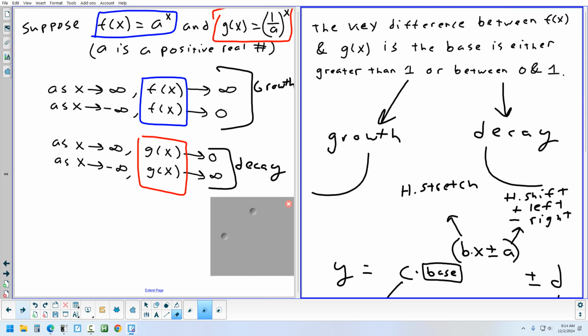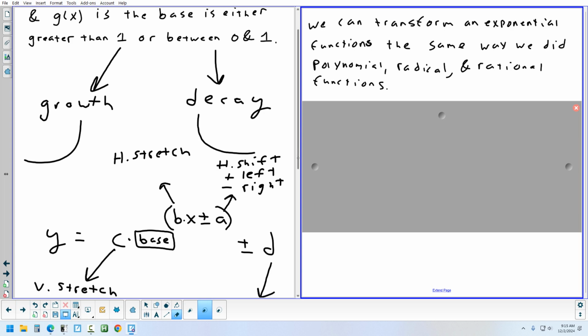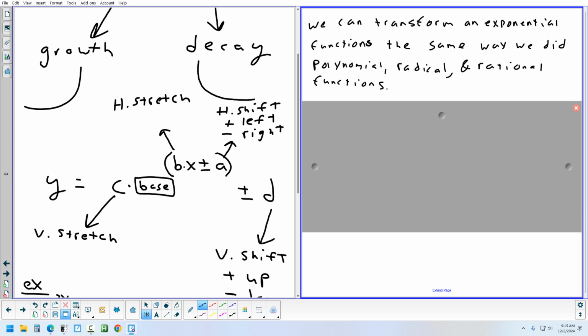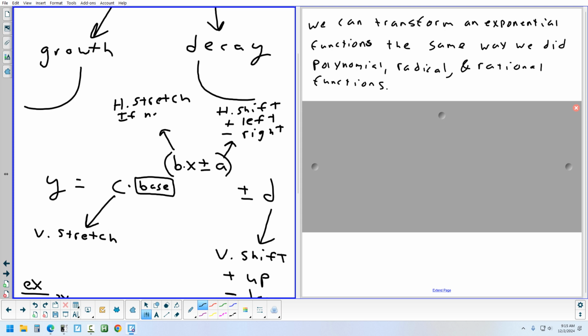So let's add that in. For B, I'm just going to say if negative, reflect over y-axis. You could also say horizontal reflection, means the same thing.